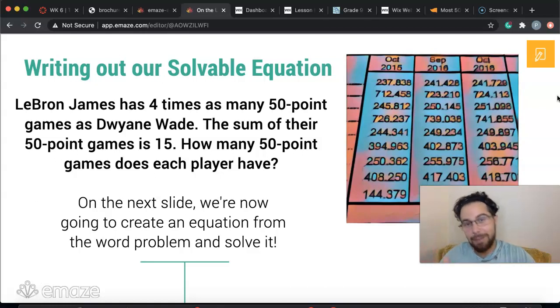So you see, if we had these same numbers up here, but let's say we were talking about apples and oranges, unless you have some obsession with fruit or apples or oranges, then the lesson wouldn't quite grab you as much. But I've made this my own because I've enjoyed watching both these players play a good portion of my life. So now I'm much more interested, and I really want to know how many 50-point games does each player have.